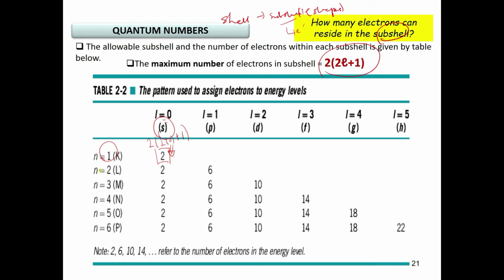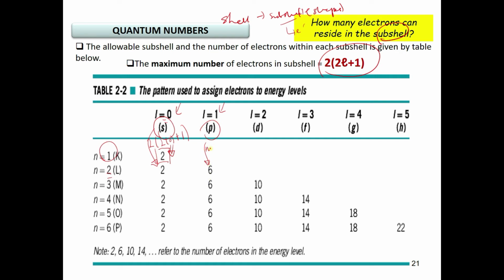For example, if your atom has the principal quantum number of 2, you will have L equal to 0 and also L equal to 1. For the s orbital, you can fit in 2 electrons. For the p orbital, you can fit in 6 electrons. How?